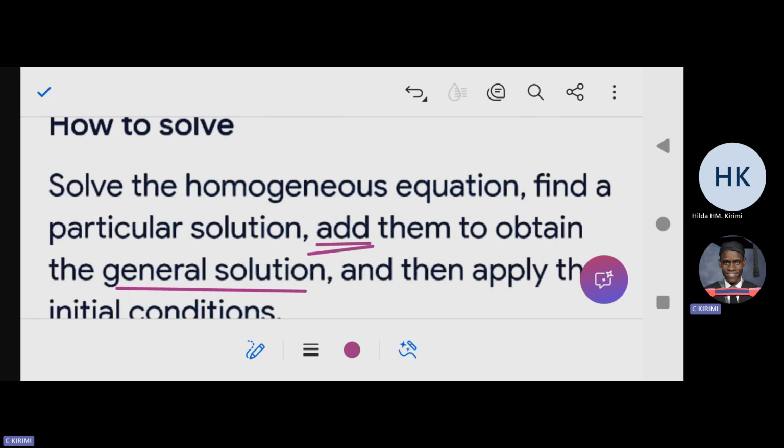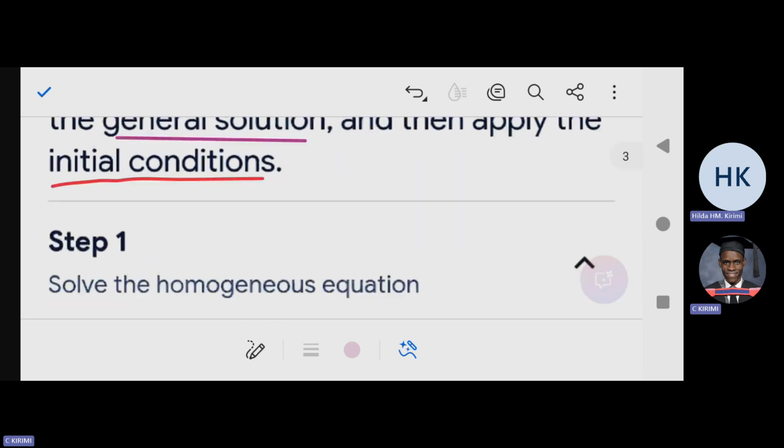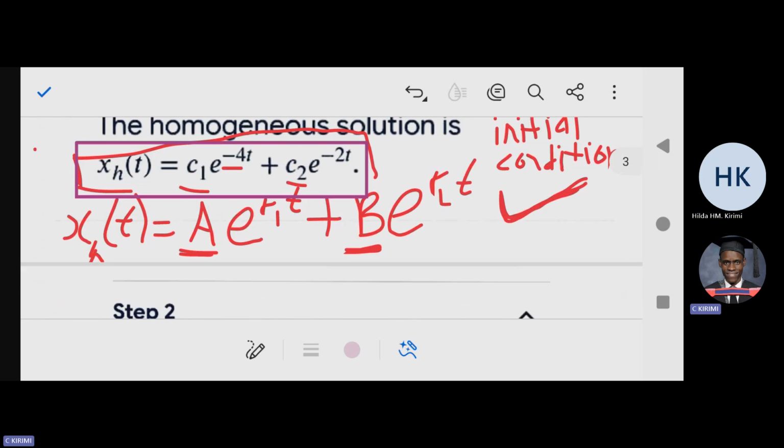You get it? So the initial conditions now apply on the general solution. Those initial conditions that we were talking about, where we are going to find C1, C2, etc. They apply on the general solution. That's what we are going to be doing now.